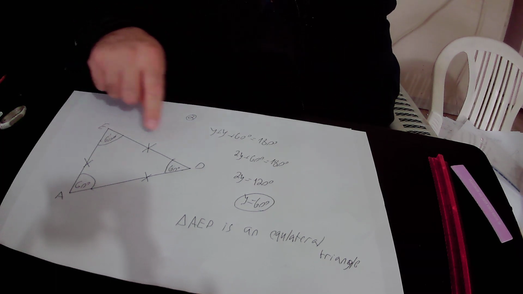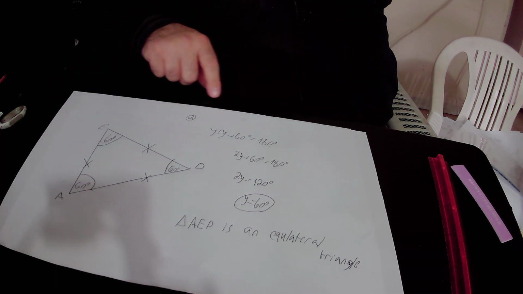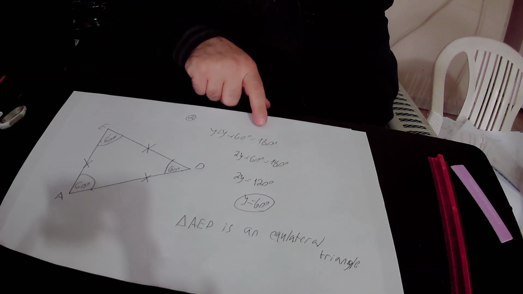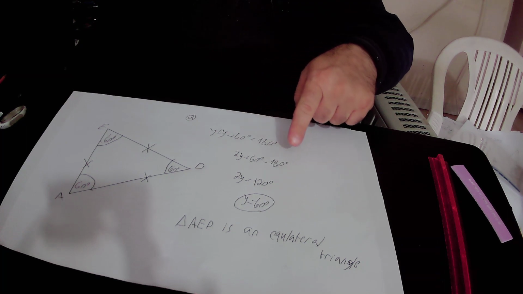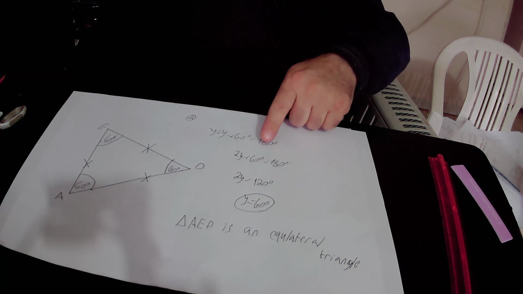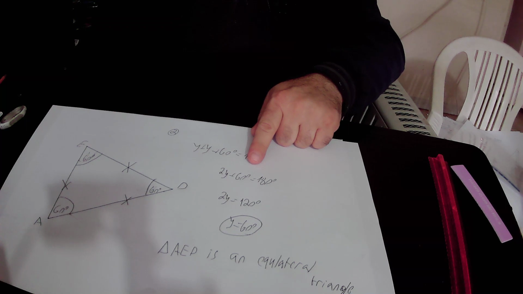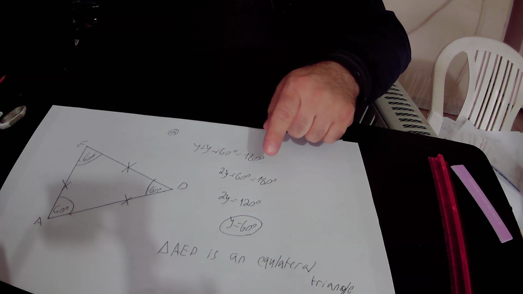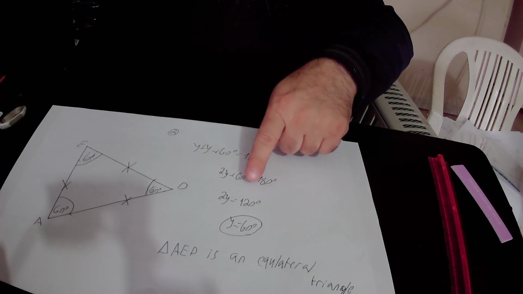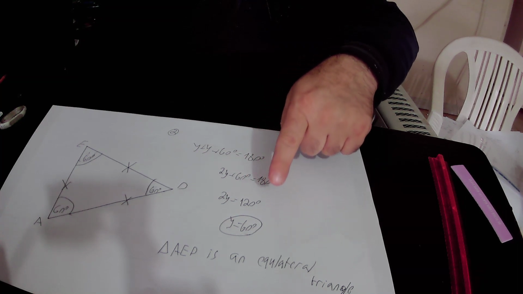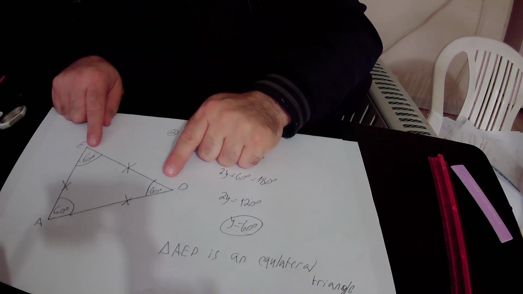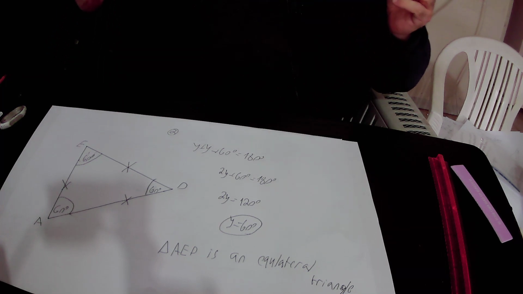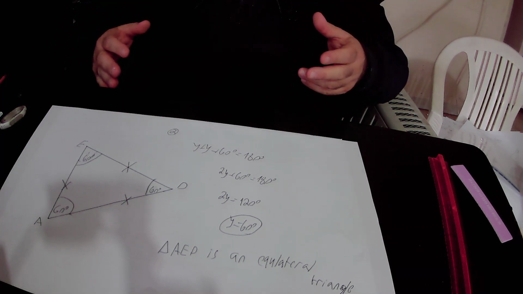That is to say, y plus y plus 60 degrees in triangle ADE must equal 180 degrees. 2y plus 60 degrees equals 180 degrees. We subtracted 60 degrees from this equation and we got that 2y equals 180 degrees minus 60 degrees, which is 120 degrees. We divided this equation by 2 and we got that angle y equals 120 degrees over 2, which is 60 degrees. So those two angles are both equal to 60 degrees. Therefore, triangle ADE is an equilateral triangle.